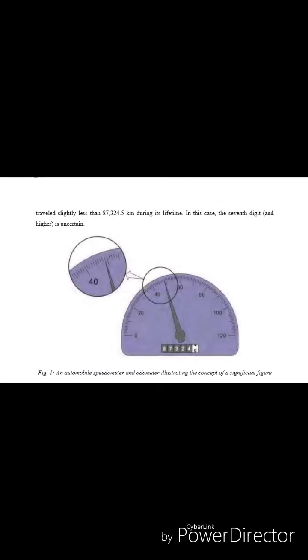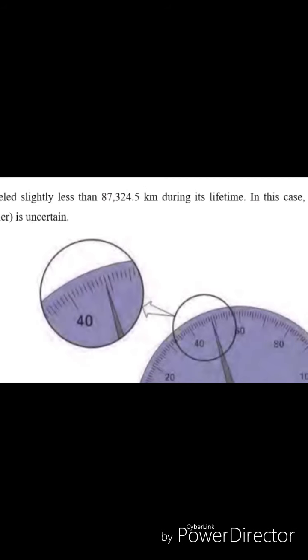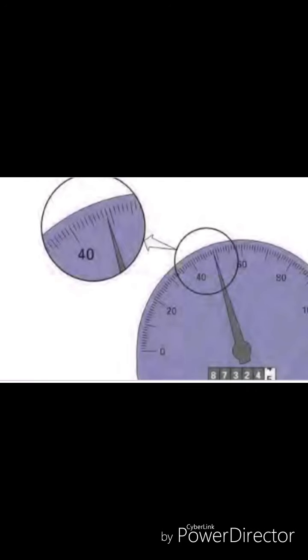So, to consider significant figures, as you can see in here, the odometer and the speedometer. This one is the speedometer. Yung mga labels dito, speedometer tawag yun. Tapos this one is the odometer. As you can see in the speedometer, by visual inspection, masasabi natin na it reads between 48 and 49, right?